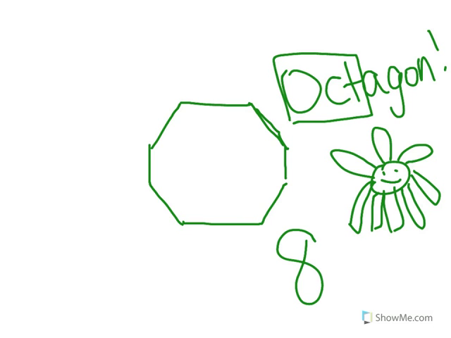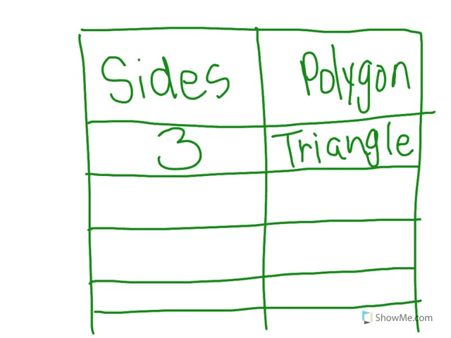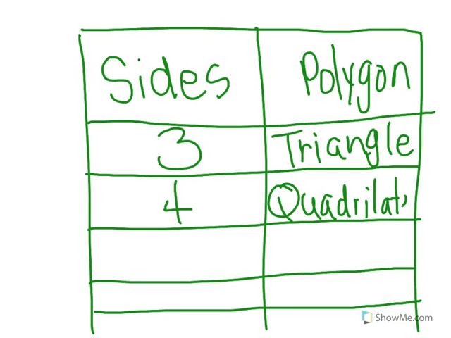Oct, 8. Okay, let's review. If a polygon has 3 sides, it's a triangle. If a polygon has 4 sides, it's a quadrilateral.